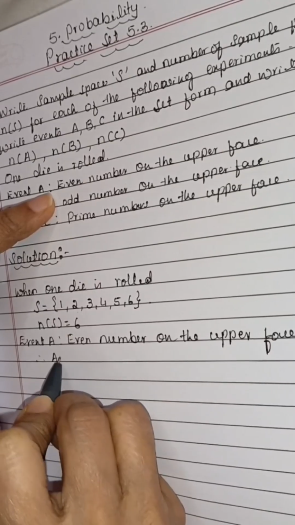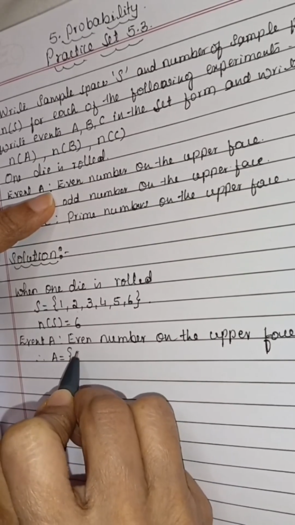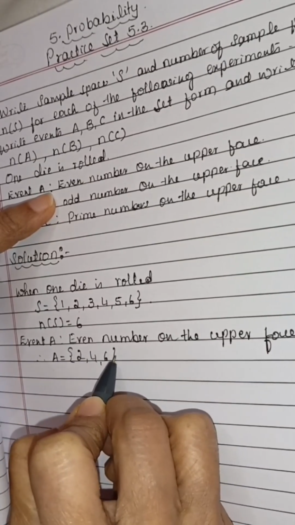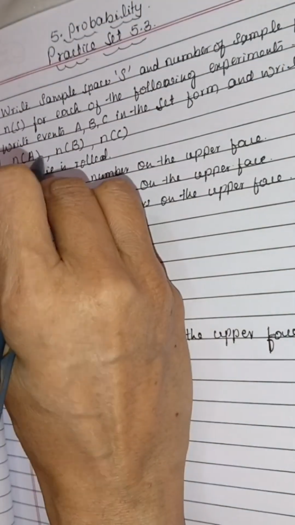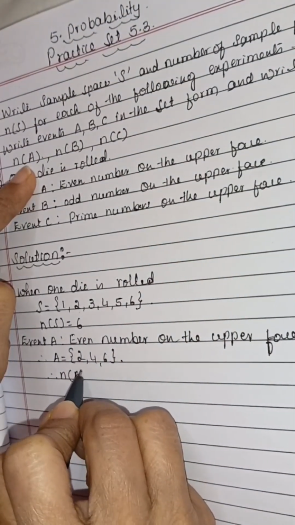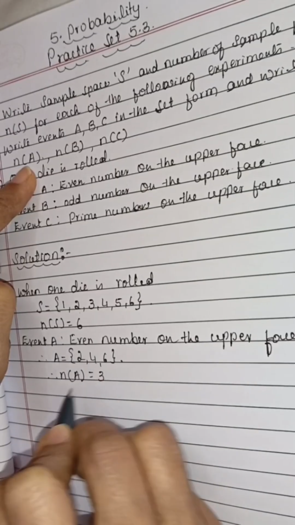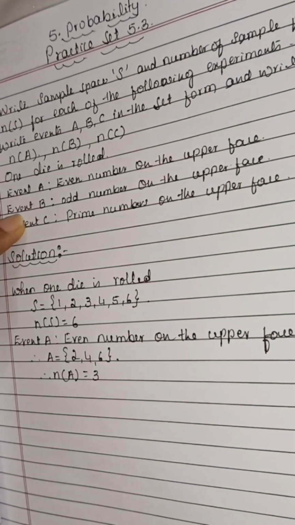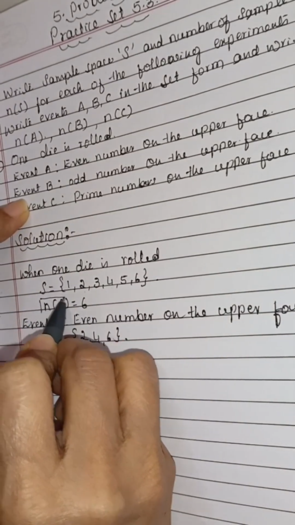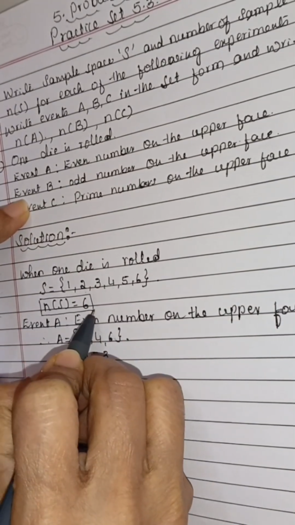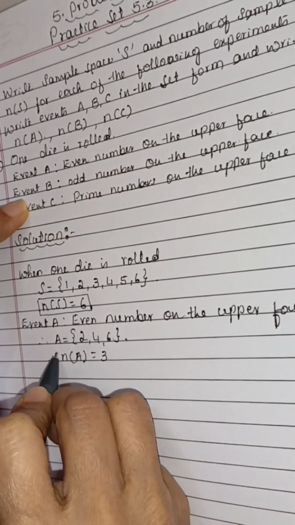Therefore event A is 2, 4 and 6. Now we have to write n of A. n of A is 1, 2, 3. So this is 3. And n of S gives the sample points.